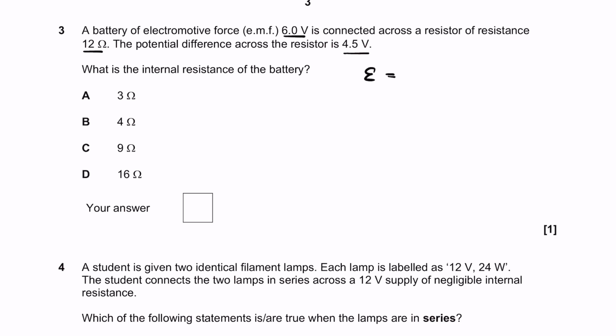So EMF is equal to V plus Ir. So 6 equals 4.5 plus Ir, where I can work out I using the potential difference of the resistor. So I is equal to 4.5 divided by 12, which is going to give me 0.375, and times by r. So r ends up being 4 ohms. So B is the answer.